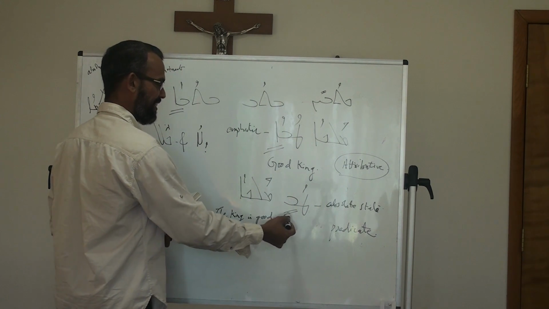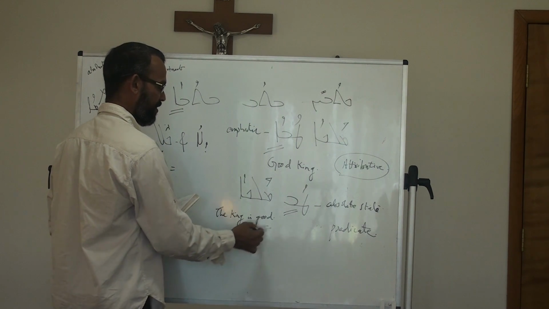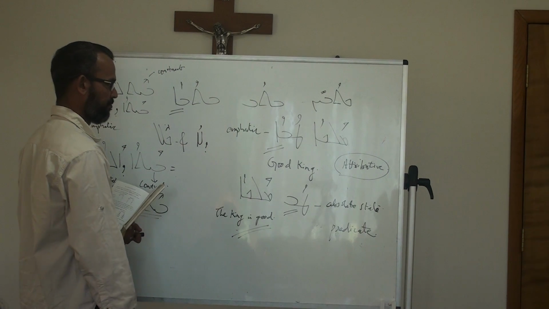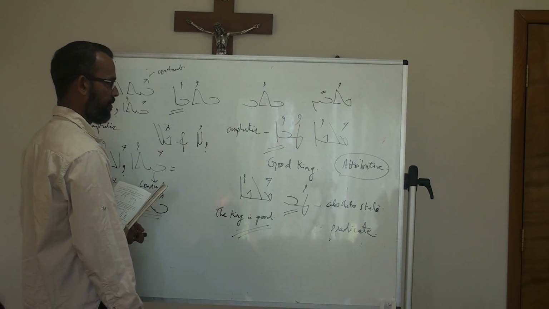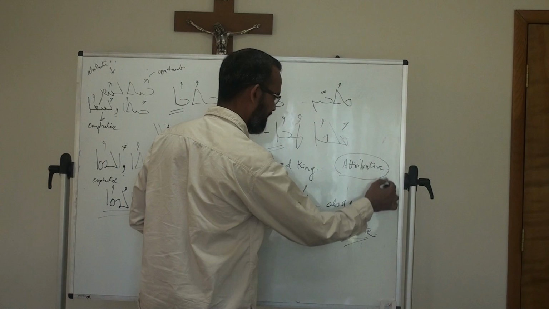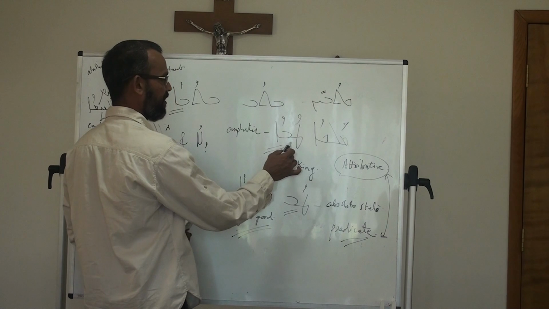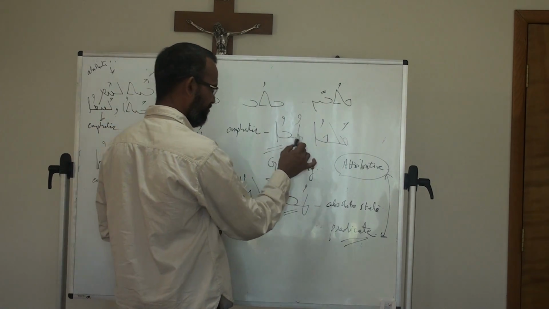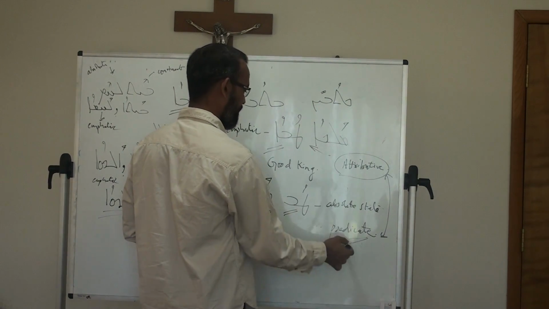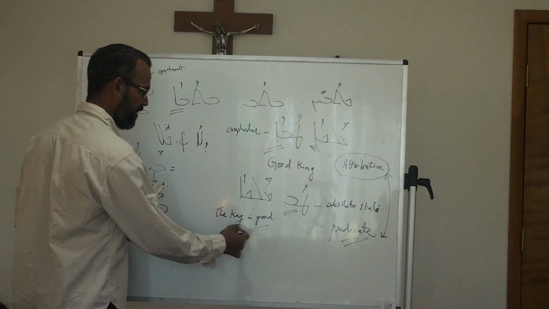Here it is in the predicate state, that is, the king is good. I'm not an expert in English grammar, but here the adjective is an attributive, and here it is used as a predicate in the sentence, the king is good.